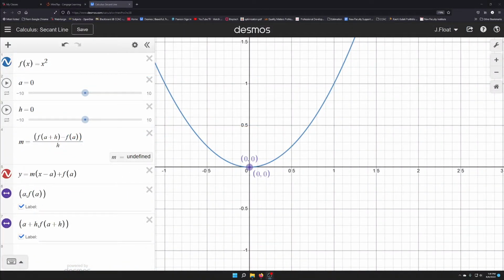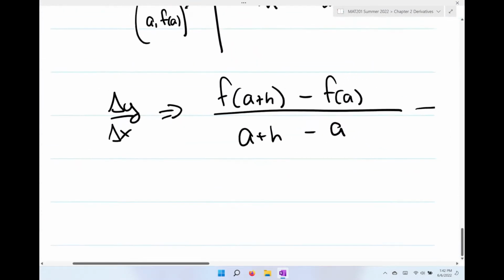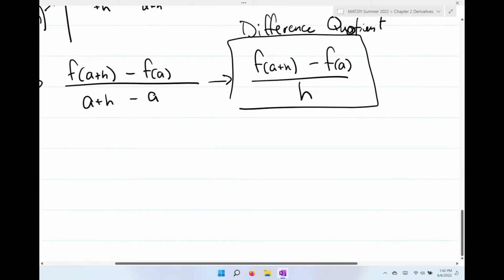So in order for us to fully understand what's happening here, and to get that m equals 0, let me just write this out real quick.